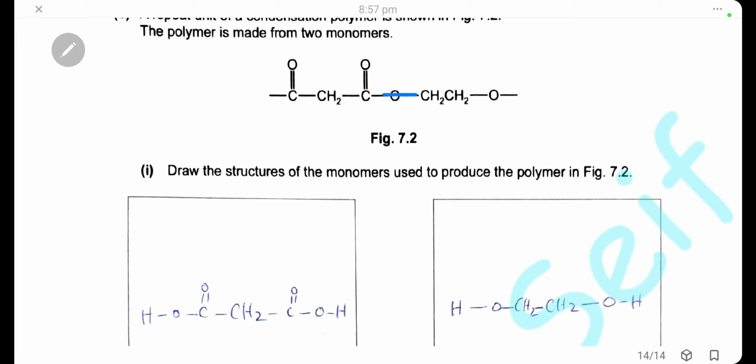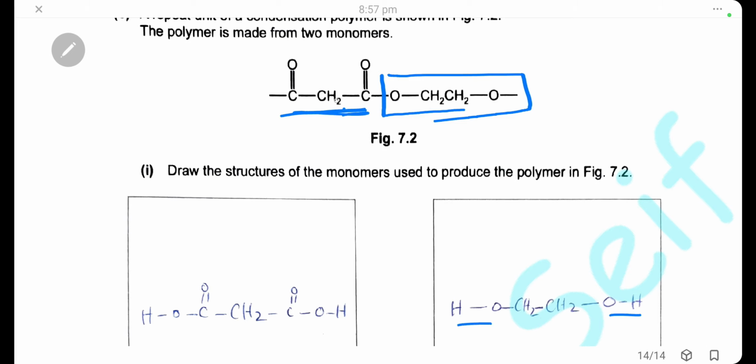To know the monomers, the first one contains the OH group, and the second one will be with the carboxylic group. So we have 2 monomers. The first one contains 2 hydroxide groups, 1 from each side, and the chain is only 2 carbons, CH2, CH2, and 1 hydroxide group from each side.